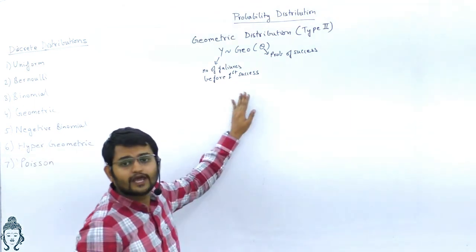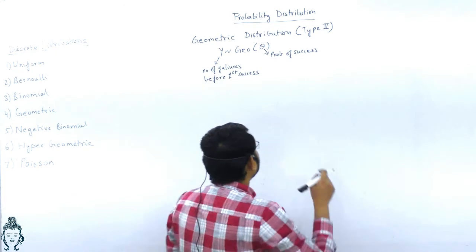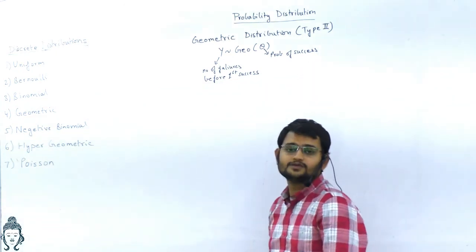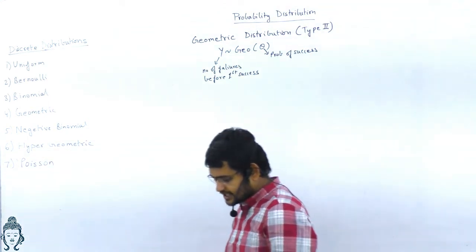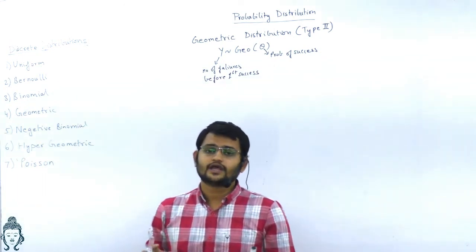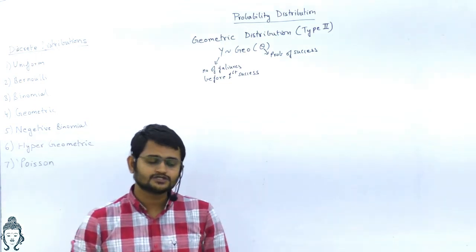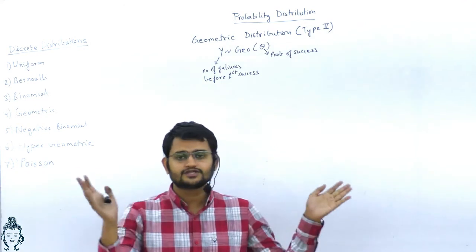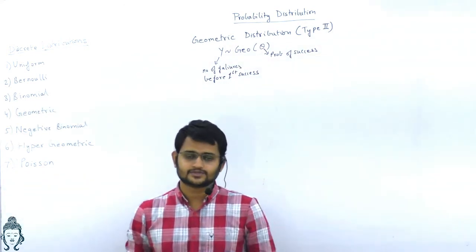Now why do we actually need type 2? In the last example, type 1, we had our possible values of x from 1 to infinity. Let's take an example of car insurance. A person studying some car insurance policies is going to study last year, out of, let's say, 1,000 policies, how many policies had claims.